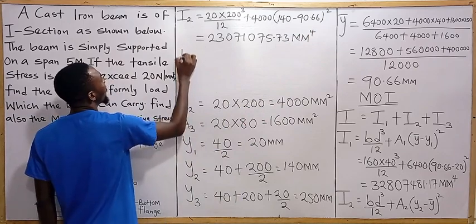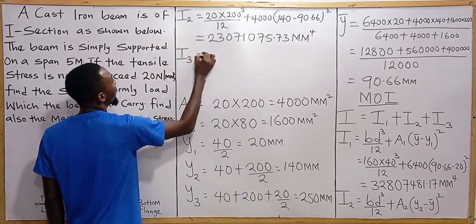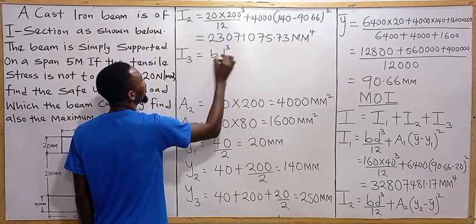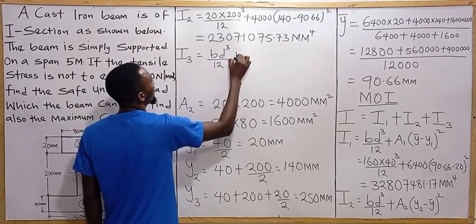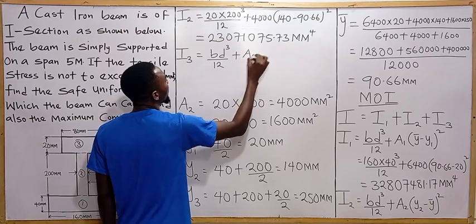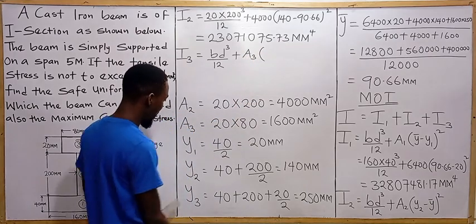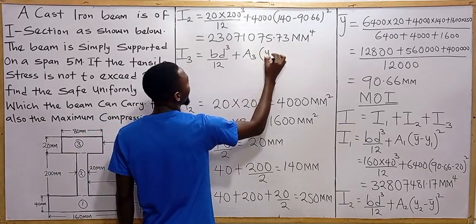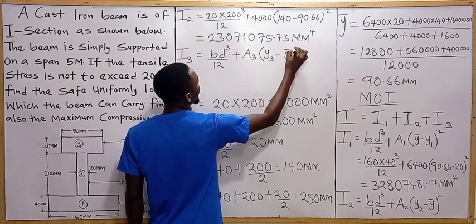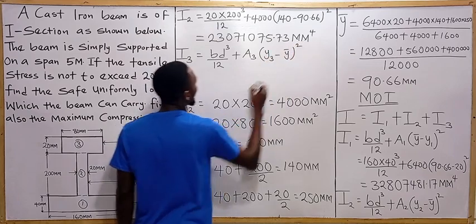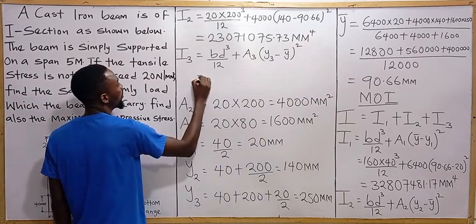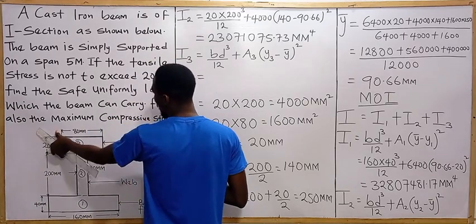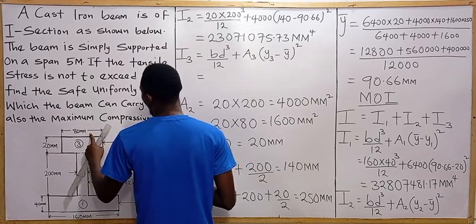So our I3 now will be equals to, similarly, same formula, BD cubed divided by 12 plus A3 into, so let's check. Our Y3 is greater than our Y bar. So we are going to have Y3 minus Y bar to the power of 2. All right. So if you make your substitution here, the depth is 20 and the base is 80.